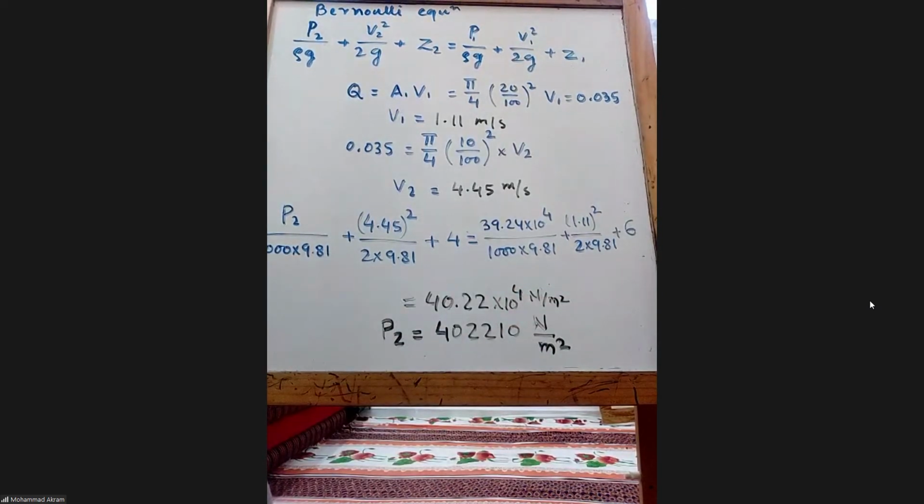Doctor, I got a slightly different number, 402,734. Yes, me too. Maybe you used 9.8 instead of 9.81. Did you use 9.8 or 9.81? 9.81. Me too, doctor.